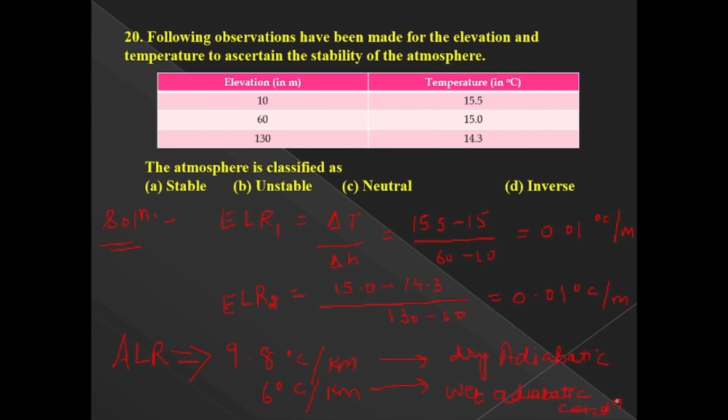So my dear students, now we have to calculate the total ELR value, because per kilometer we have to calculate. So total ELR is equal to 0.01 degree centigrade per meter into 1000 meters, that is 10 degree centigrade per kilometer.